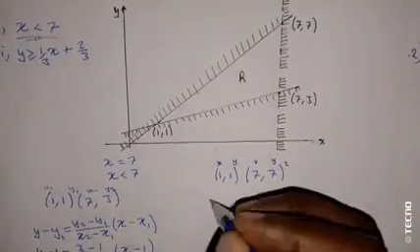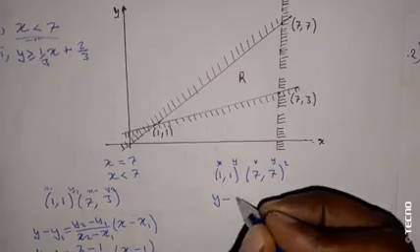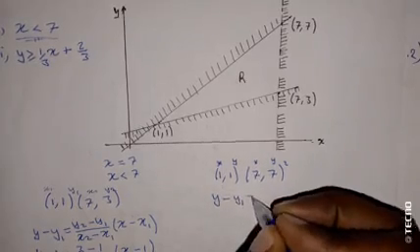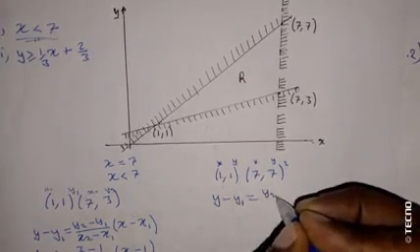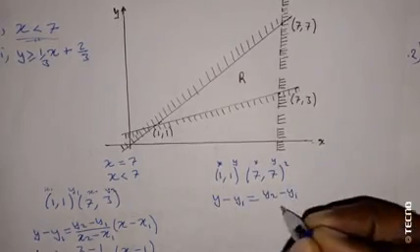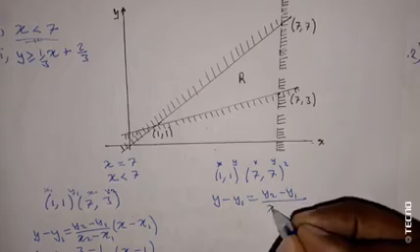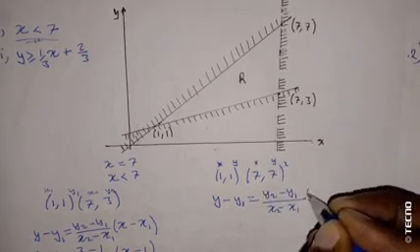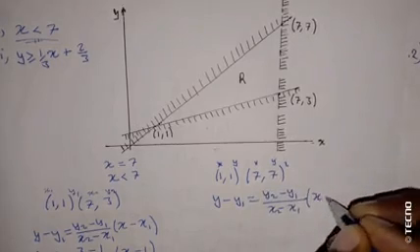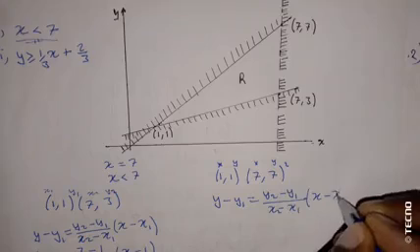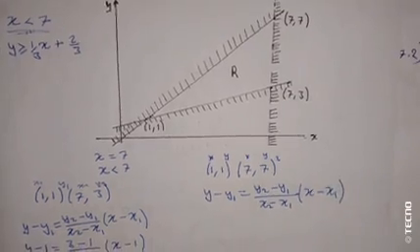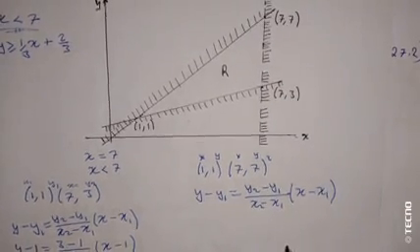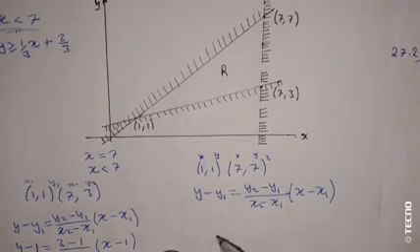Then we're going to use the same formula: y minus y1 is equal to y2 minus y1 over x2 minus x1, open bracket, x minus x1. This is the formula that we're going to use.